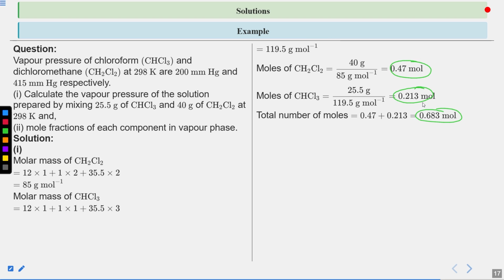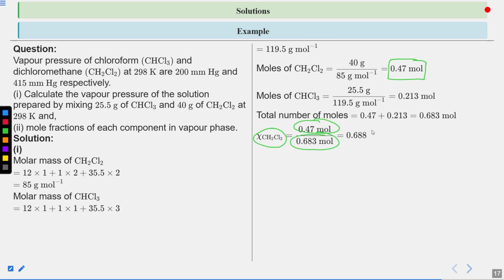If I ask you what the solvent is here, you will quickly say that it should be dichloromethane, as its moles are high. Mole fraction can be calculated as the moles of dichloromethane divided by the total number of moles, giving us the mole fraction as 0.688.